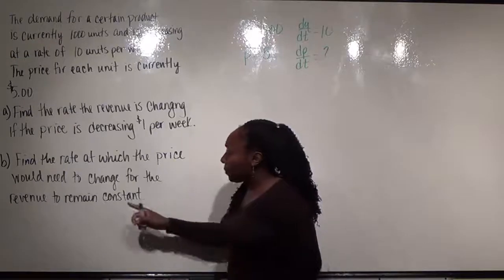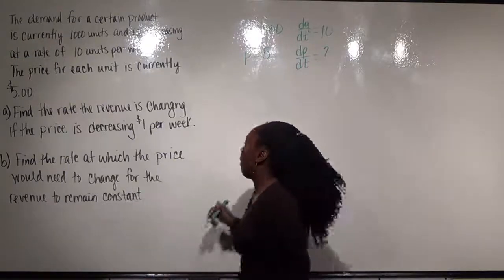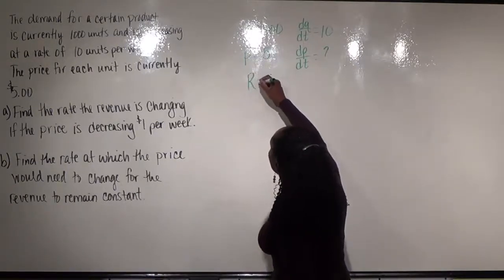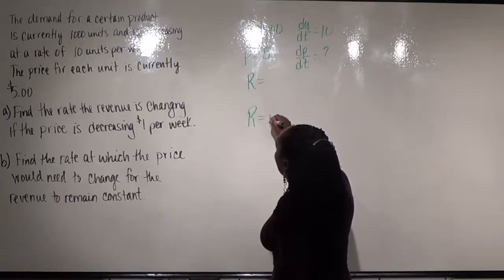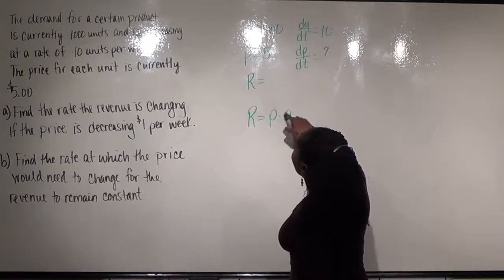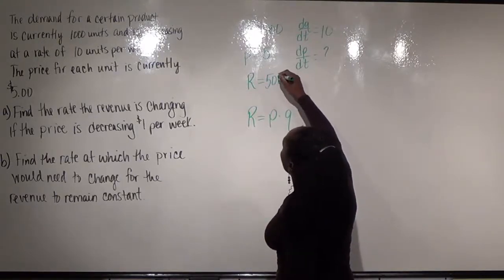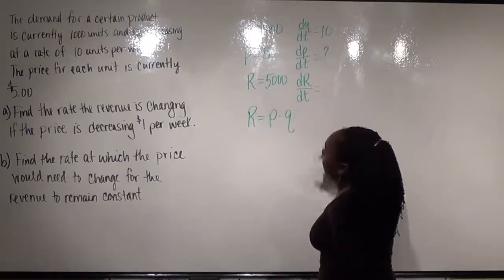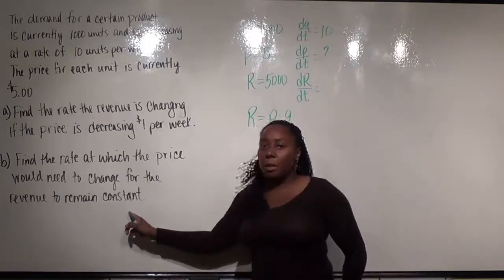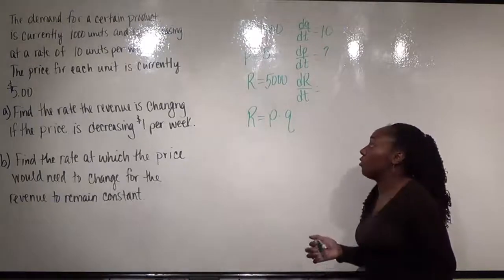And again, we're looking for when the revenue remains constant. So again, our revenue, we can think R equals P times Q. So revenue is going to be 5,000. And here, the rate it's changing, well, we want it to remain constant, meaning there is no change.